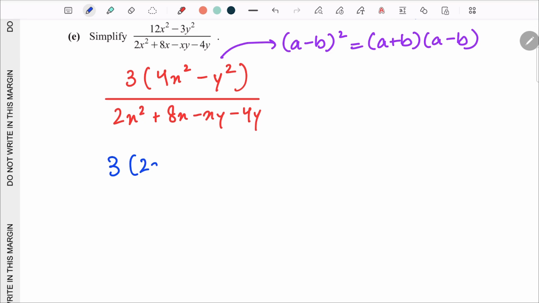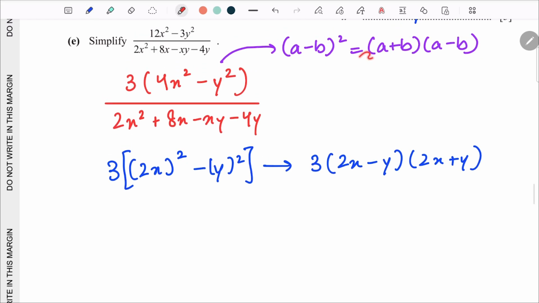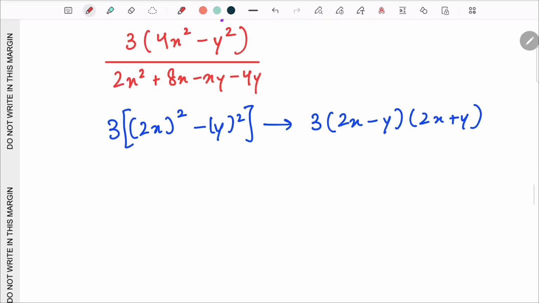So I can write 2x whole square minus y square, and this can be converted into 3 bracket 2x minus y bracket 2x plus y, because I have applied this identity right here.